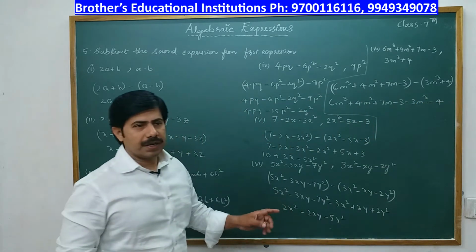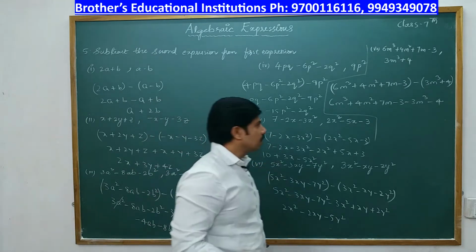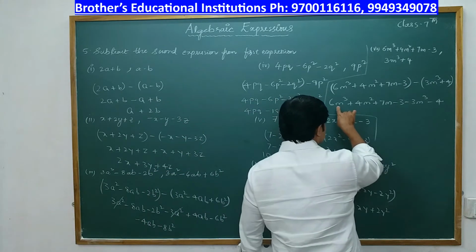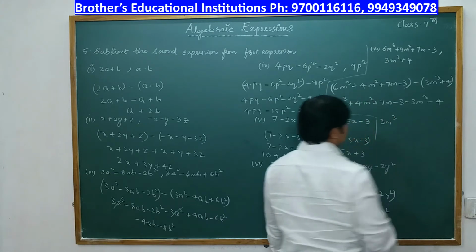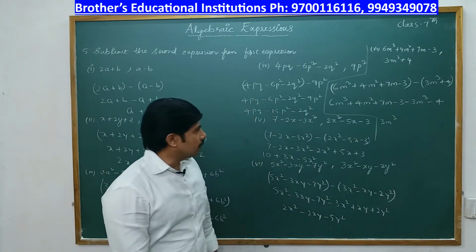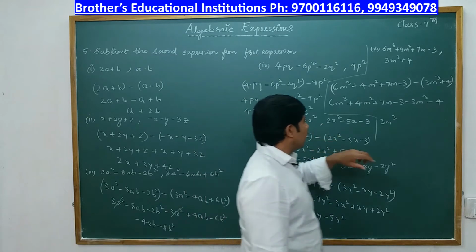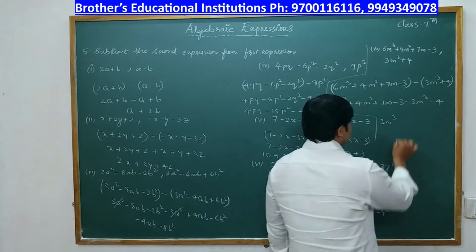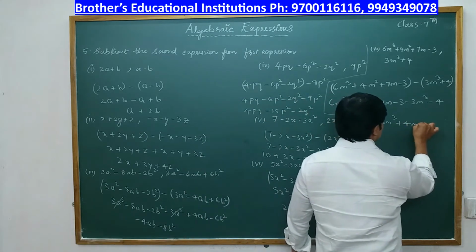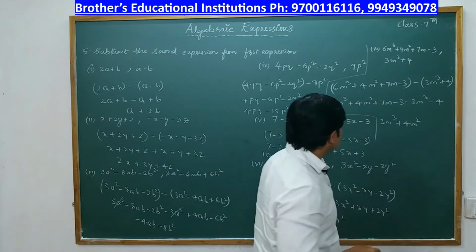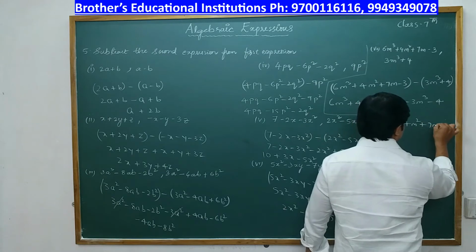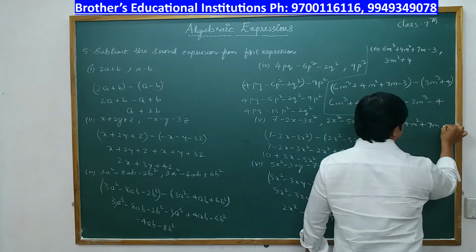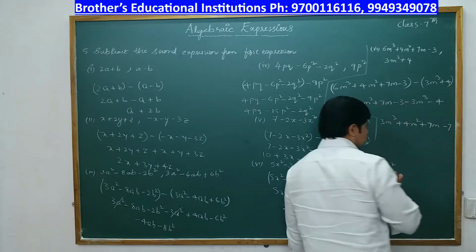We multiplied with minus and open the bracket of the second term. Then 6m cube minus 3m cube is nothing but 3m cube, right? Then only one m square term we have, so that is 4m square, right? Then we have only 7m, we write as it is. Then minus 3 minus 4 will be minus 7, okay?